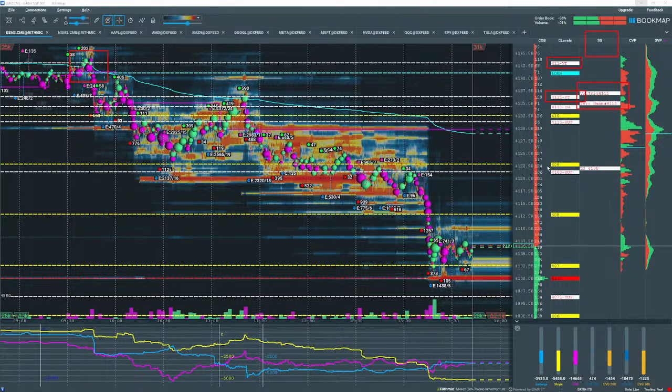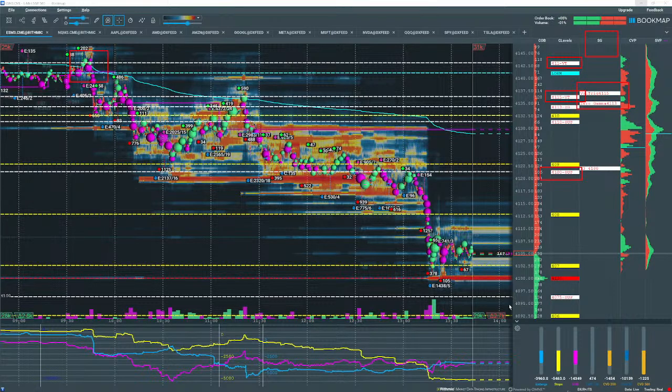All right, so some other levels. Here's the 4100 level. This is the SPX 4100 level that was expected to act as support this morning. And it did for a while and finally broke just after 1 p.m. Eastern Time. And now the next level of support down below is the 4075 level.